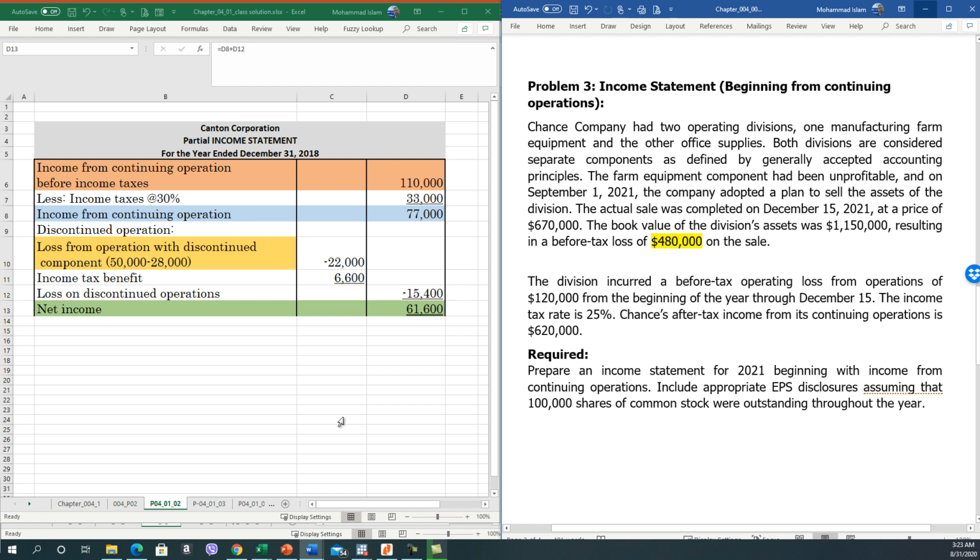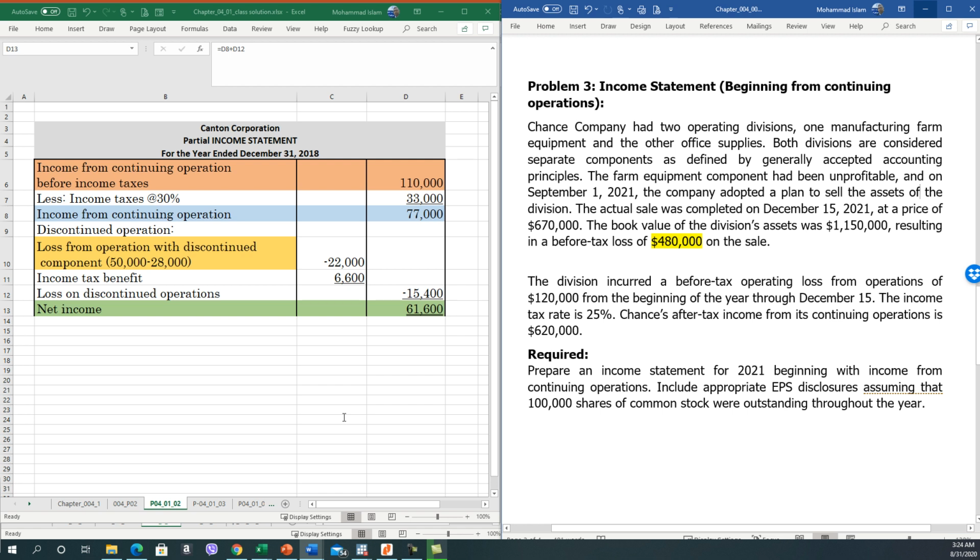Okay, so this one says the Chance company had two operating divisions, one manufacturing equipment and the other one office supplies. Both divisions are considered separate components, and the equipment component had been unprofitable. On September 1st, 2021, the company adopted a plan to sell the assets of the division, and the actual sale was completed on December 15, 2021 at the price of 670,000.